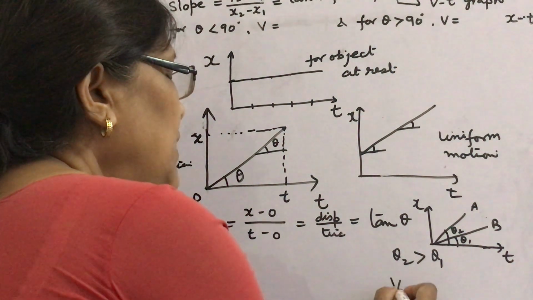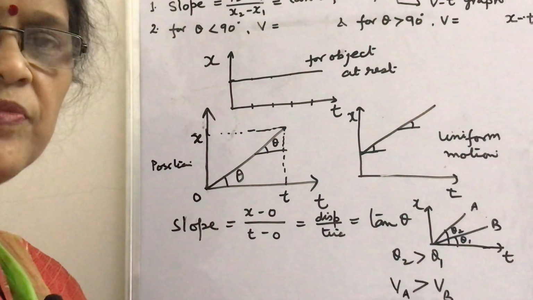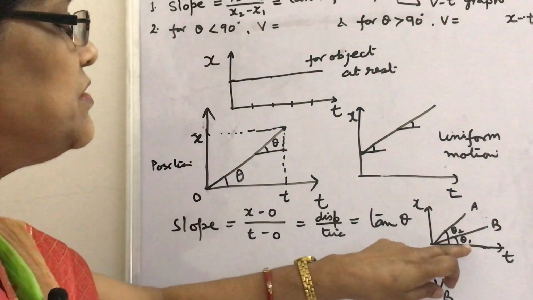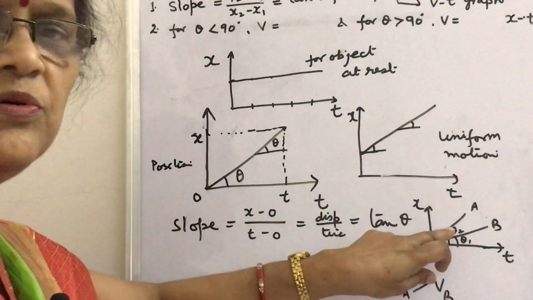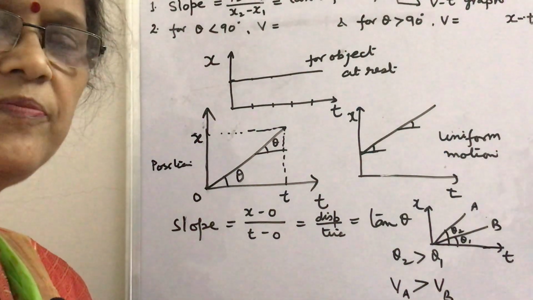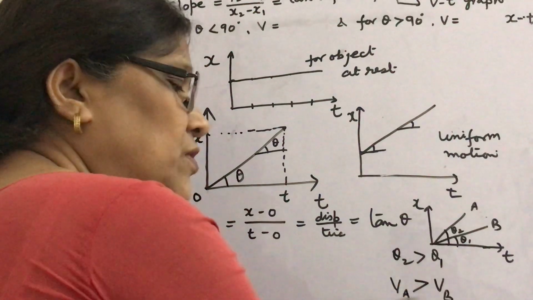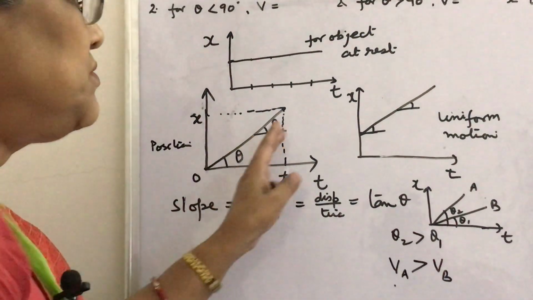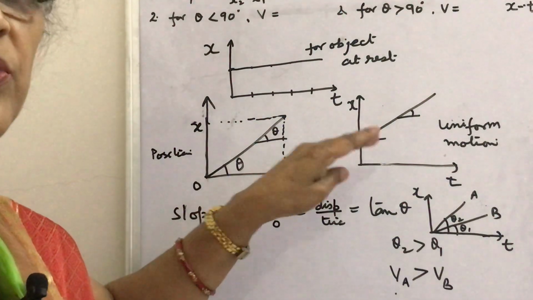So, velocity of A is greater than velocity of B. Sometimes the angle values are given, this is 30, this is 60, then tan 30 is 1 by root 3, tan 60 is root 3, and you can find the velocity ratio by putting the value of tangent. So, these two graphs represent the object in uniform motion.